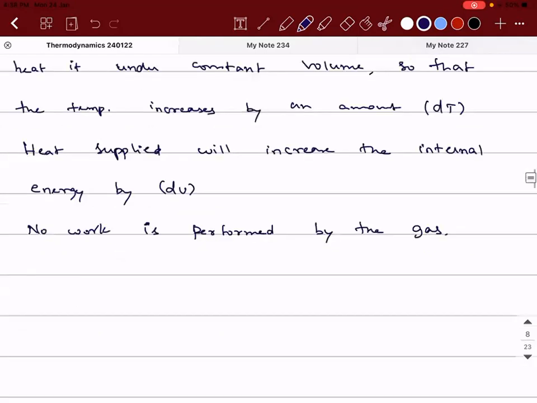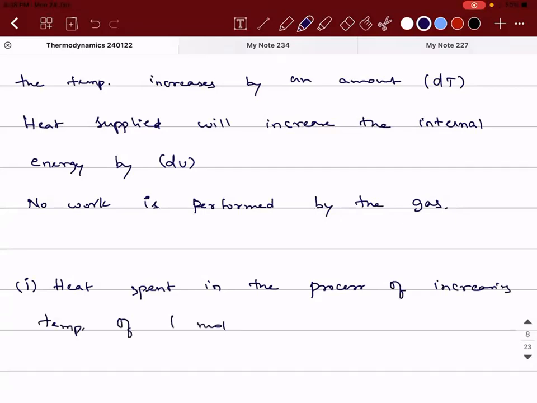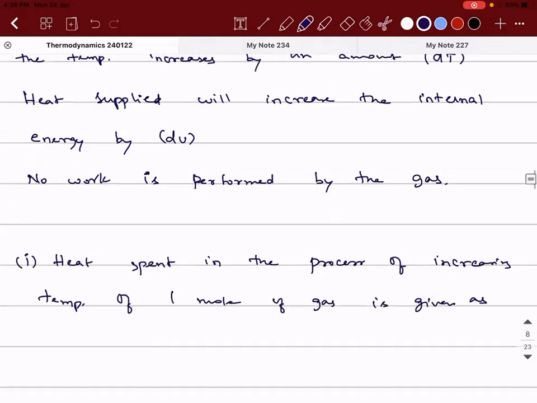When these things are taken into consideration, can I say that the heat spent in the process of increasing the temperature of 1 mole of gas is given as dq equals mu into Cv into dT, where mu is 1.